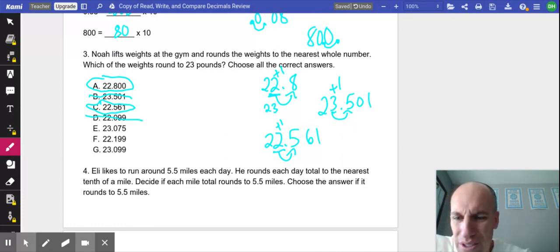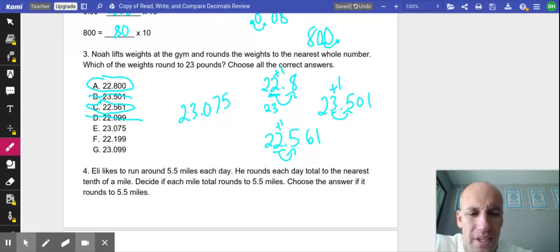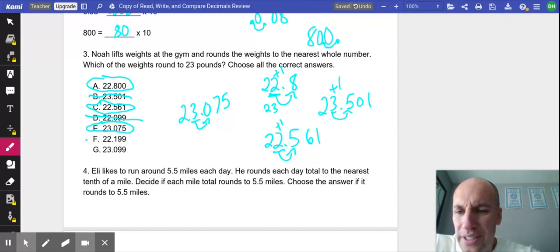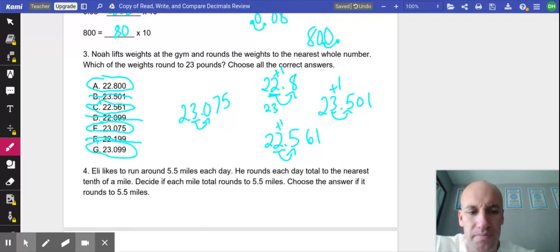Not going to work. 23, look at the 0. It's going to stay the same. So if it does stay the same, it would be 23, so that one would work. 22, we look at the 1, it's not going to increase, so it's not going to work. 23, looking at another 0, so that one would work.